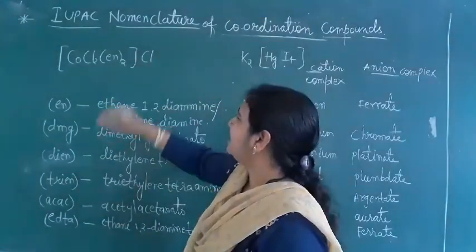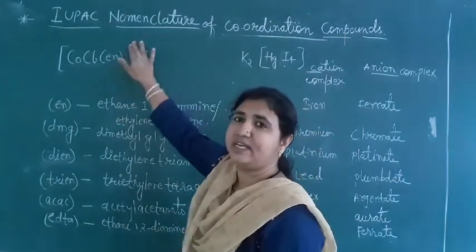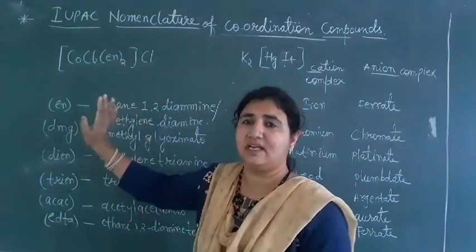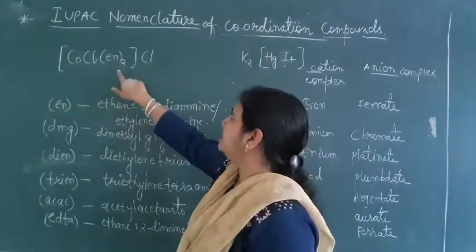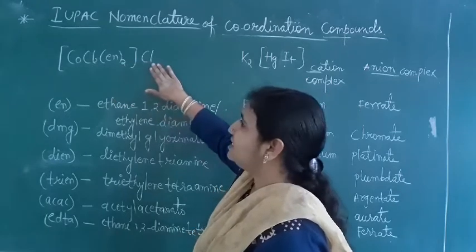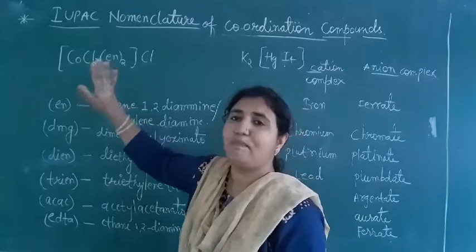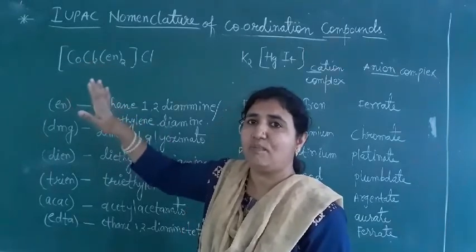If we say cationic complexes, it means the positive ion is the complex ion, and the negative ion is a simple ion. So these are called cationic complexes.